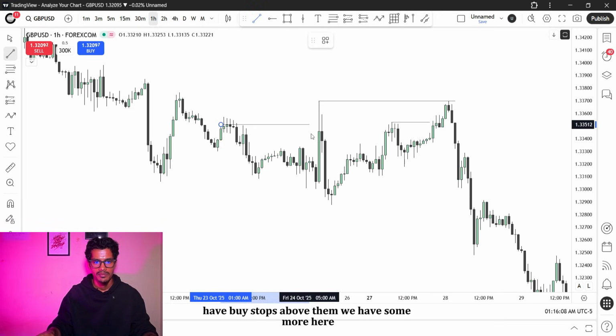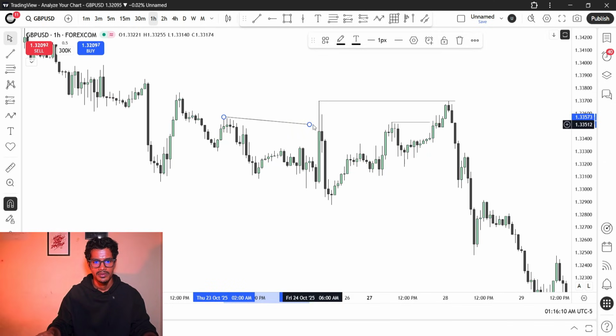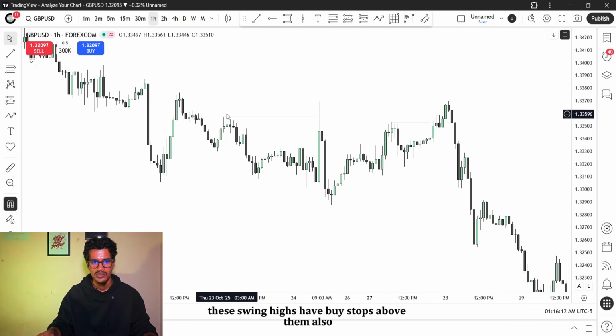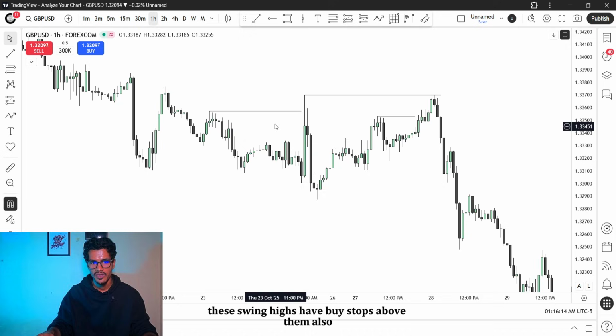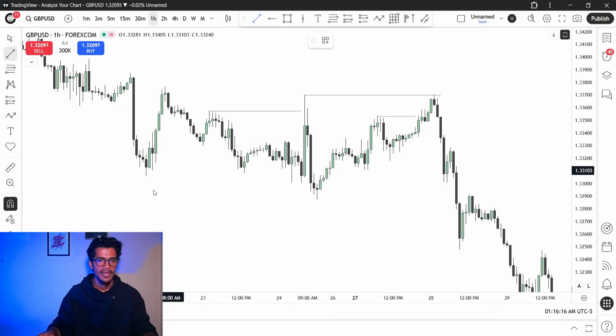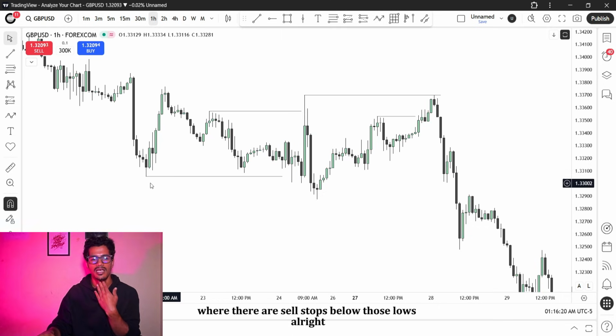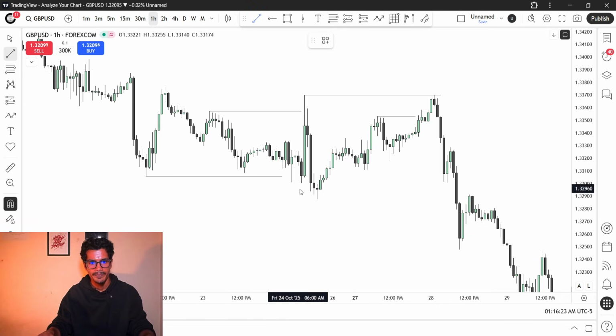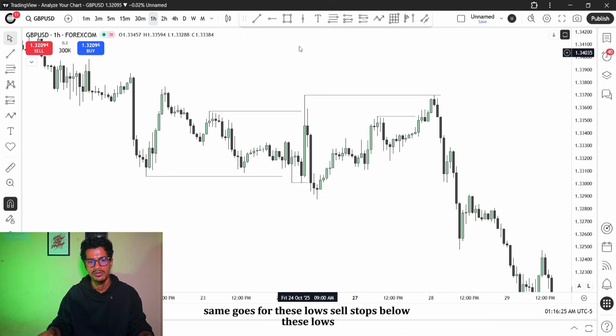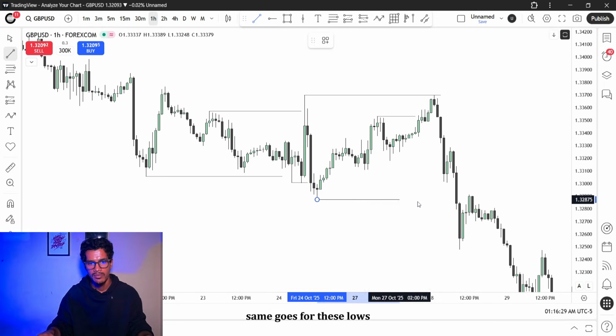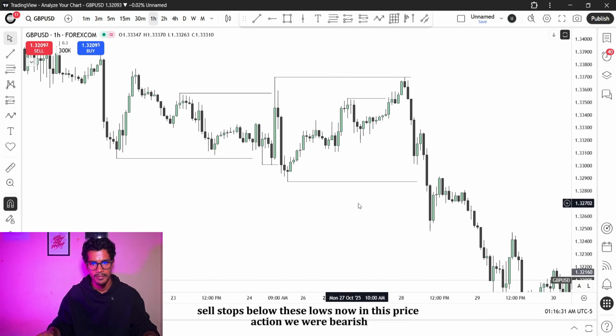We have some more here. These swing highs have buy stops above them also. And then we have these lows where there are sell stops below those lows. Same goes for these lows. Sell stops below these lows. Same goes for these lows. Sell stops below these lows.